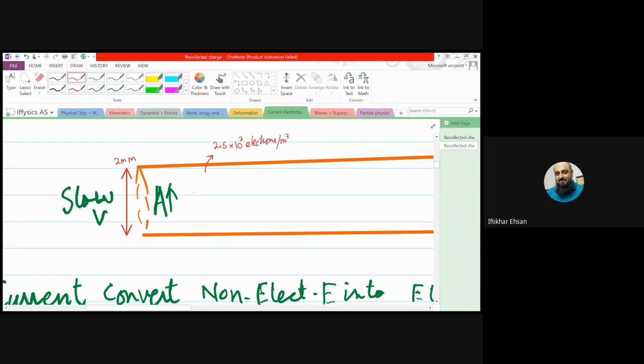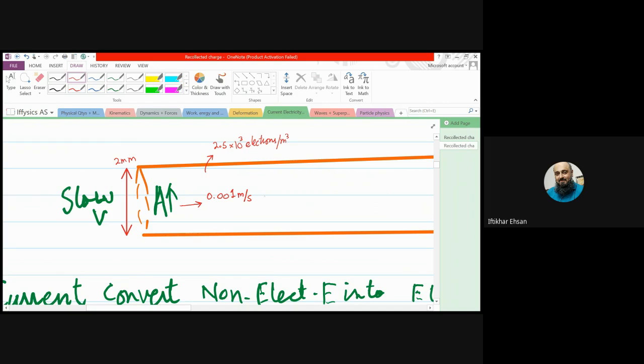And speed of electrons here is 0.001 meter per second.